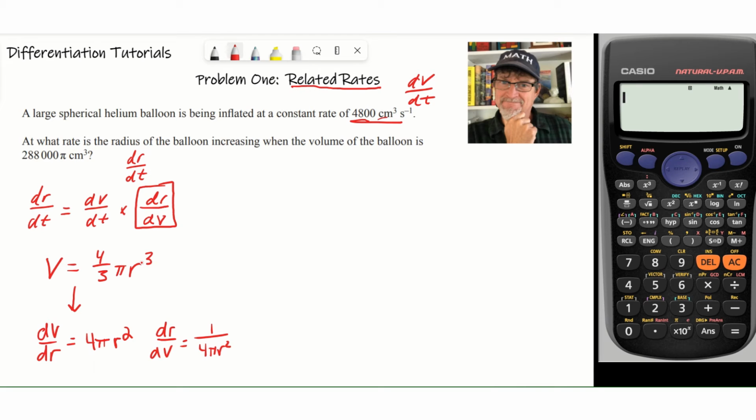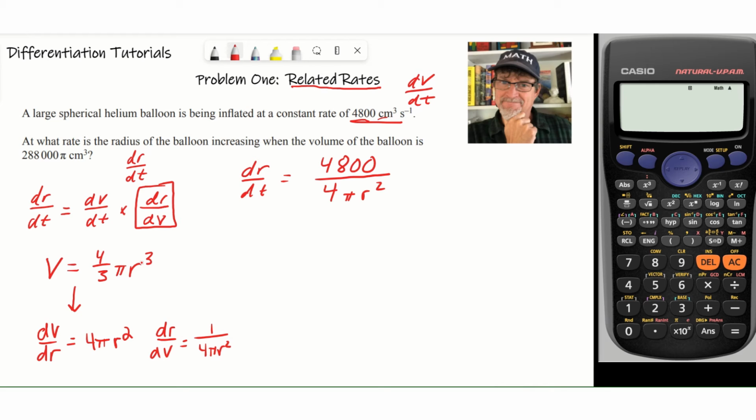And now I've got a general formula for this derivative. I can say dr/dt equals, and well, dV/dt I know is 4,800, and then dr/dV is 1 over 4 pi r squared. So I'll just put that in the denominator here, 4 pi r squared.